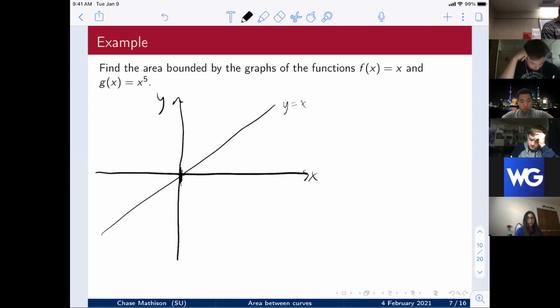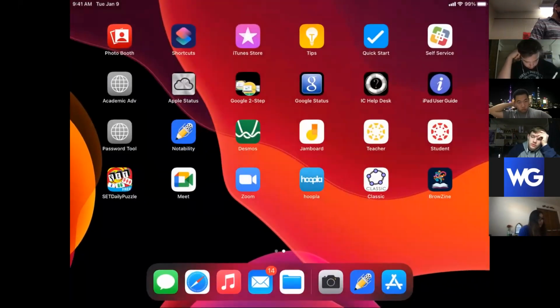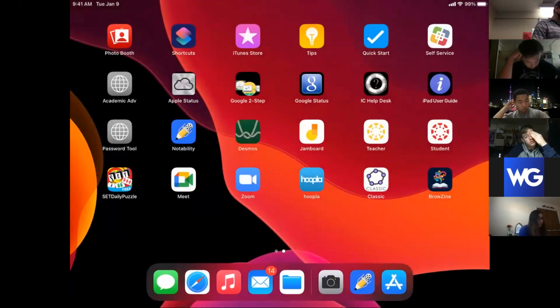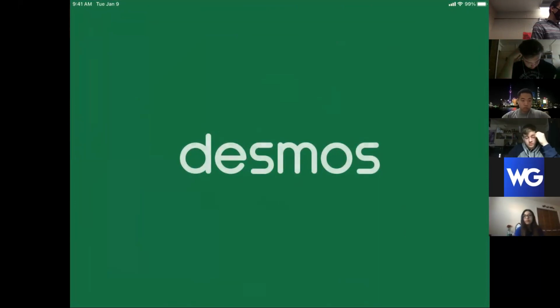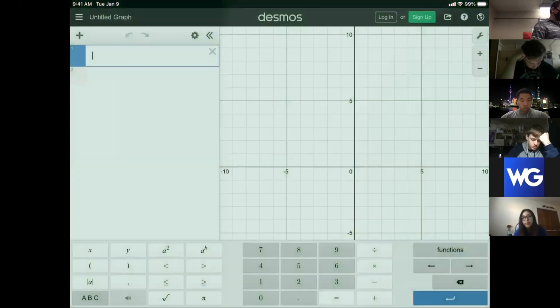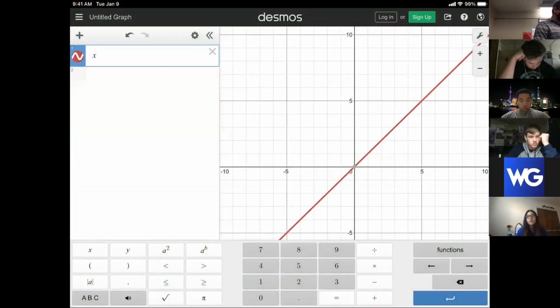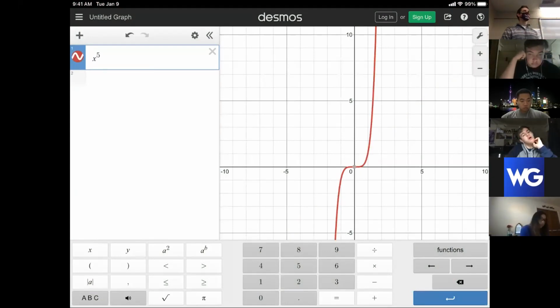Now y equals x to the fifth. Who knows what that looks like? You can always plot it in Desmos if you don't know. It just mostly looks like y equals x cubed.